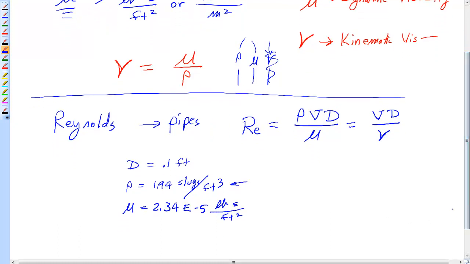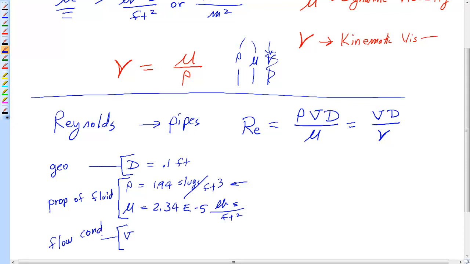And say the velocity running through this pipe. Now you have to realize, these are properties of the fluid. This is geometry. And this is the flow conditions.